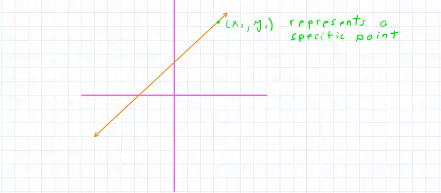The next point I'm going to draw right here, and again it could be anywhere, is the ordered pair x, y. x, y is any point, it represents any point.